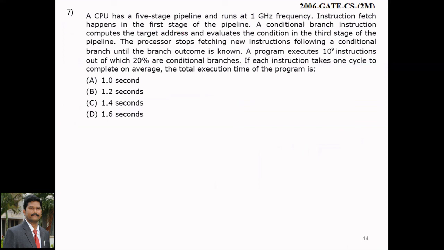This question was asked in 2006 for 2 marks. A 5-stage pipeline is given, which runs at 1 gigahertz frequency. 1 gigahertz frequency means what?